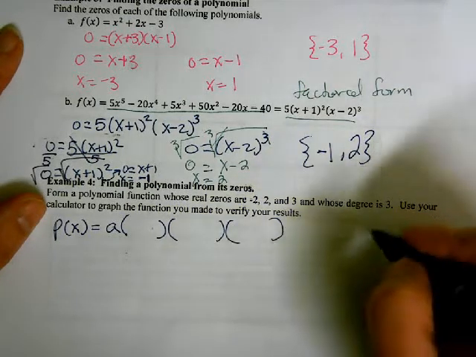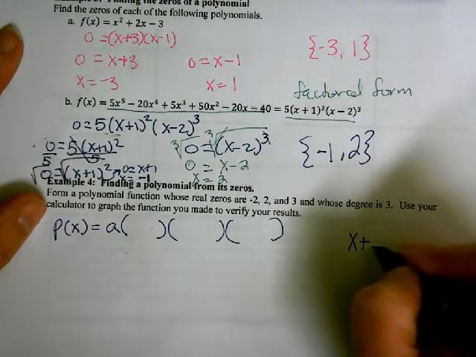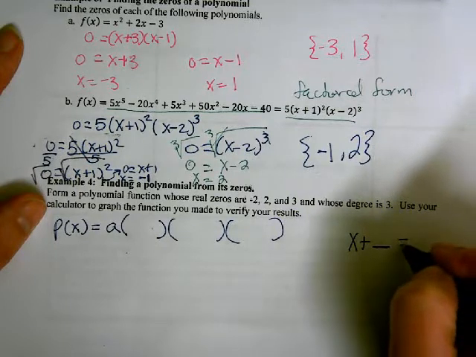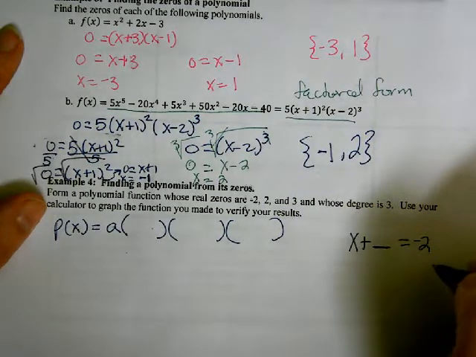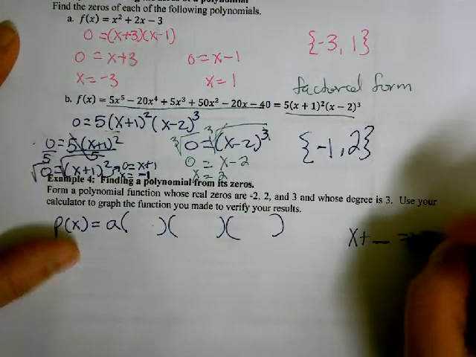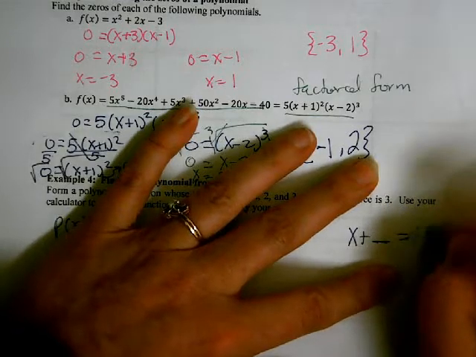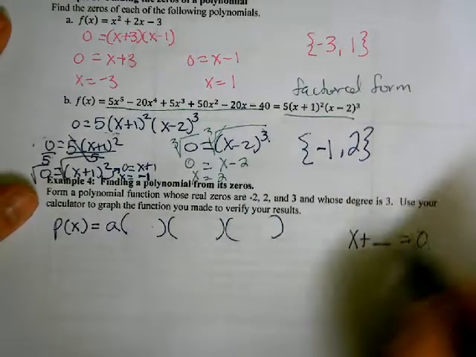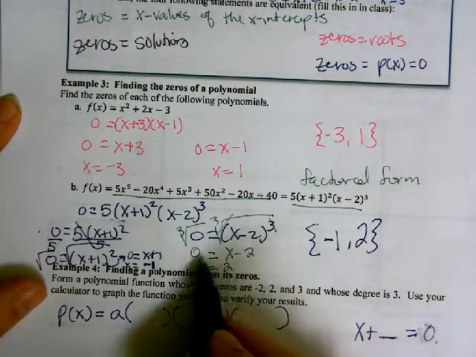If you have x plus something, what would have to go here to get a negative 2? Or said another way, I'm setting up the end of what we did up here, which was 0 equals x minus 2, and it gave me a 0 of positive 2.